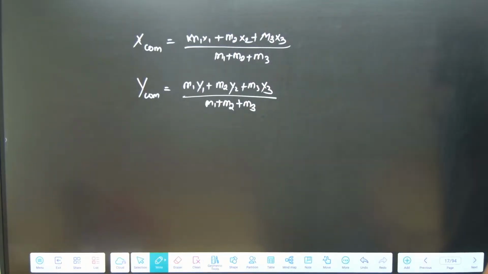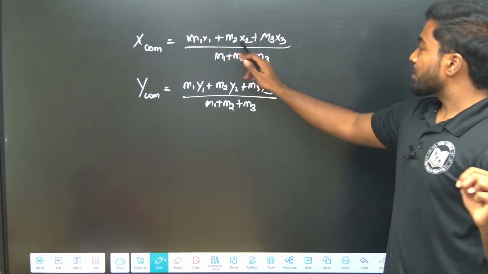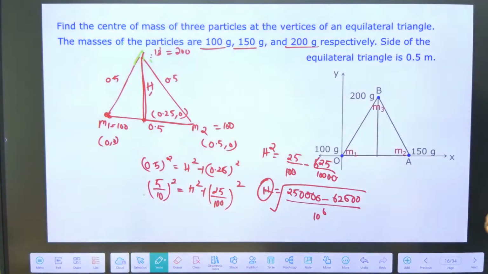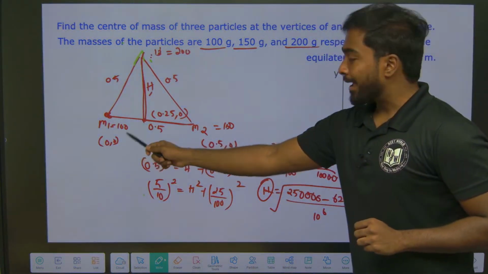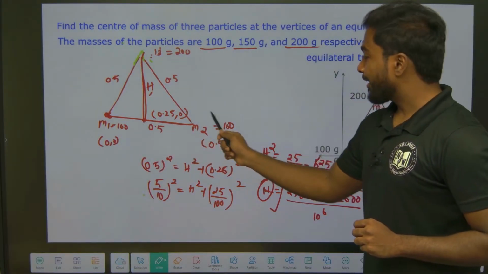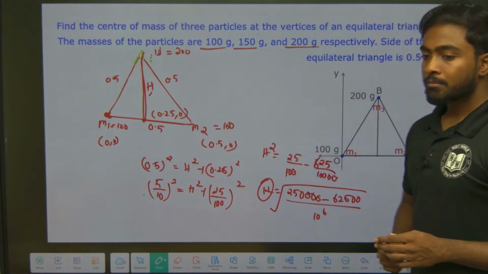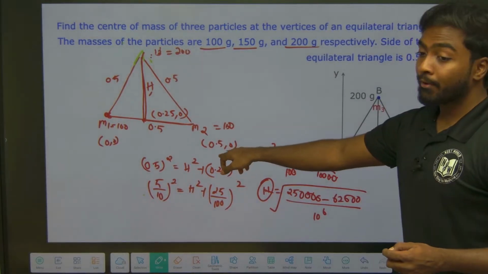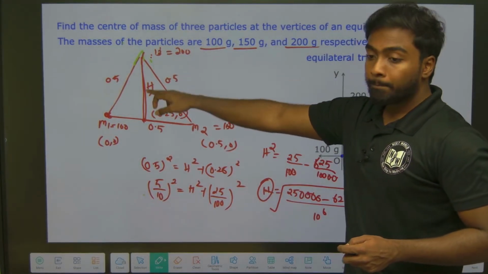So masses m1, m2, m3 we know: 100, 150, 200. Whereas x1, x2, x3 also we know. What is x1 here? 0. x2 is 0.5. x3 is 0.25.